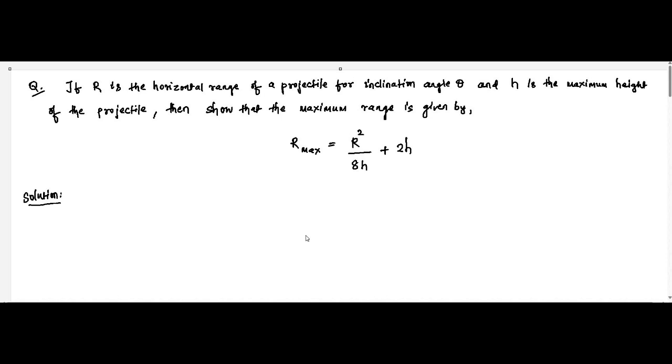It is given that if capital R is the horizontal range of a projectile for inclination angle theta, which means with respect to the horizontal axis, and small h is the maximum height of the projectile, then show that the maximum range R max is equal to R square by 8h plus 2h, where capital R represents the range for inclination angle theta and small h is the maximum height for the same inclination angle theta. So we have to prove it mathematically.